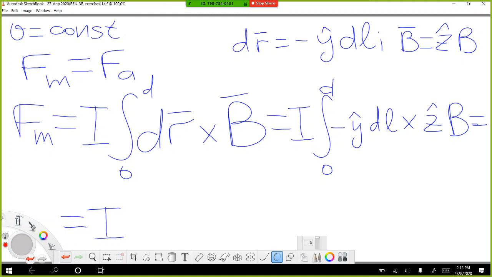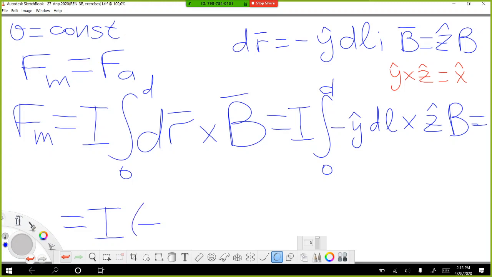Okay, let me write here: y cross z gives us unit vector x, yes, and minus y cross z gives us minus x, unit vector minus x.